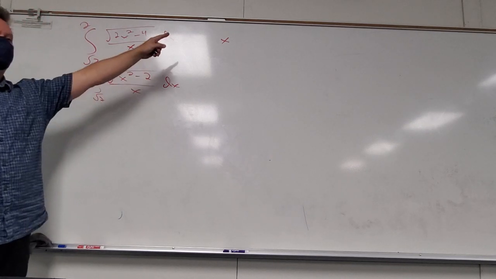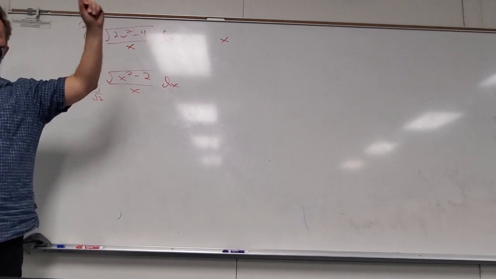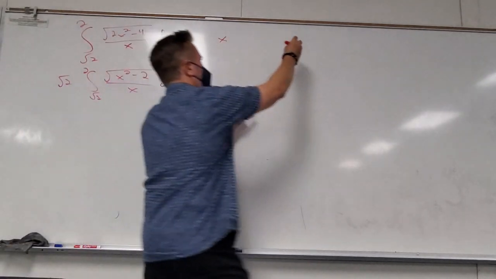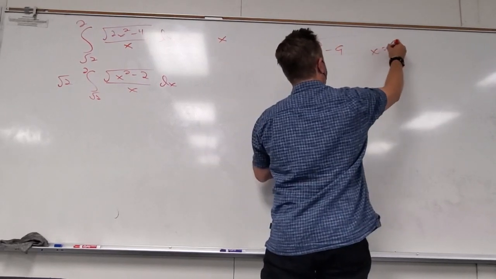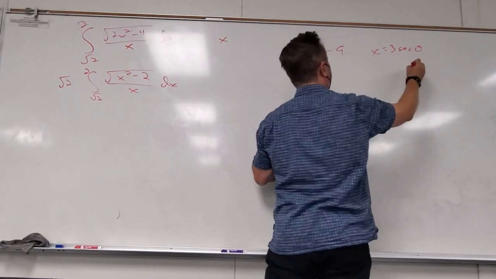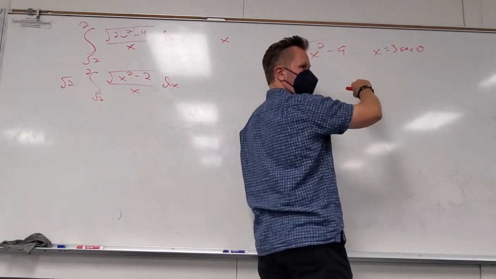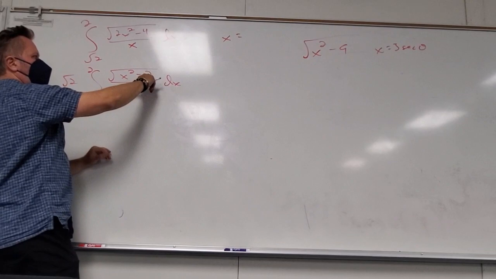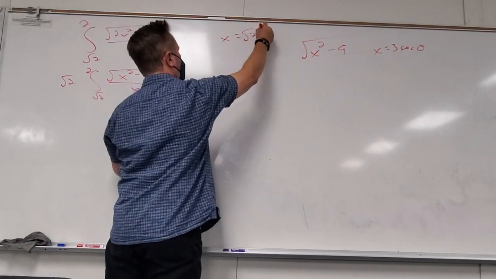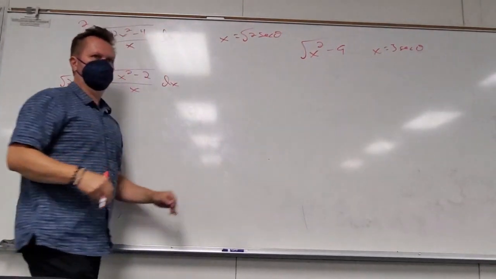With x squared minus 2, I have to let x equal the square root of 2 secant theta.